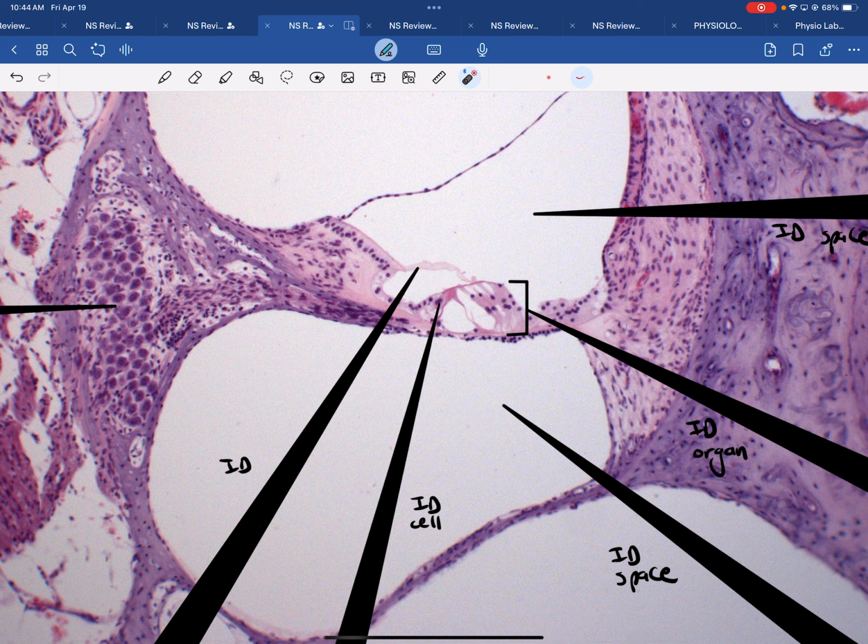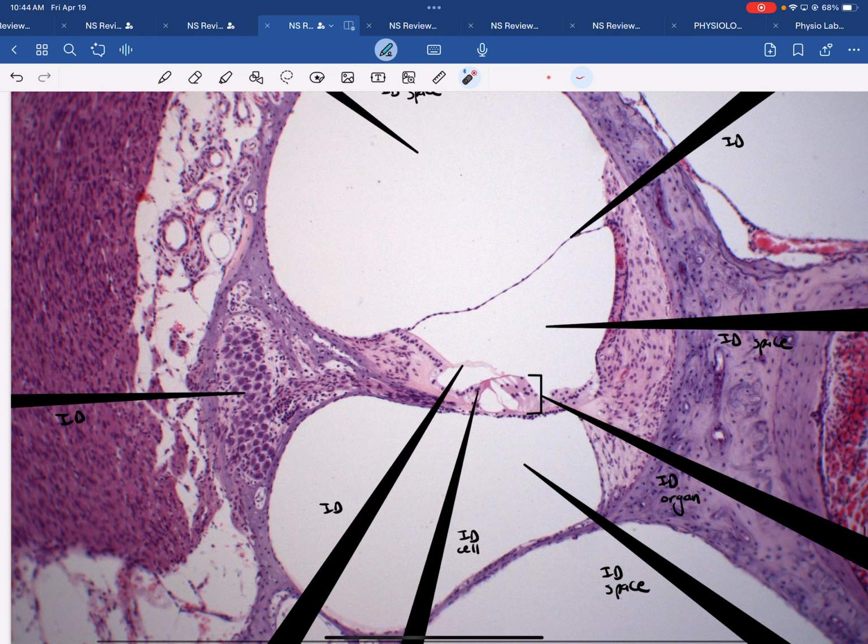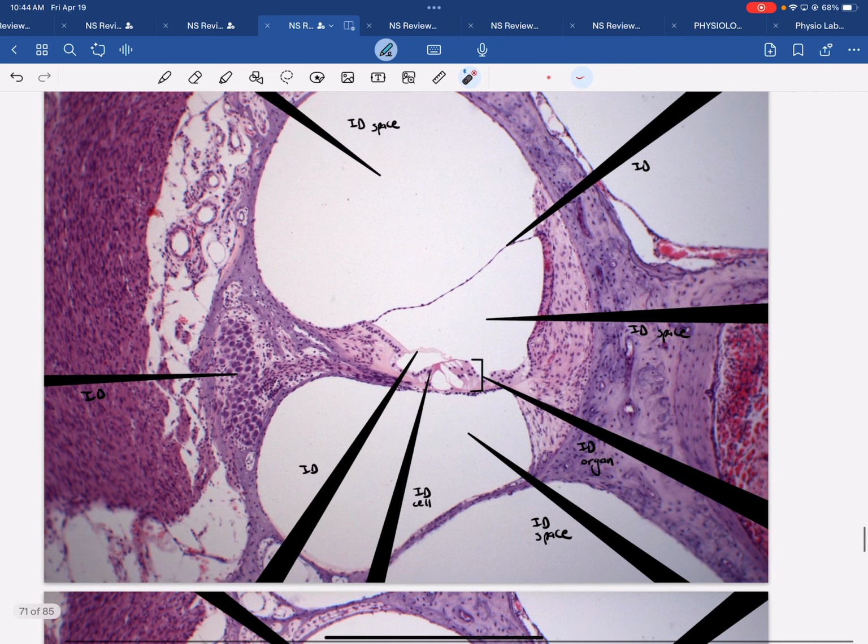Good, tectorial membrane. What is this whole structure? Spiral organ. Good. What are these cells of the spiral organ? Hair cells. Good. What is this over here? The spiral ganglion. Good. Okay, good job.